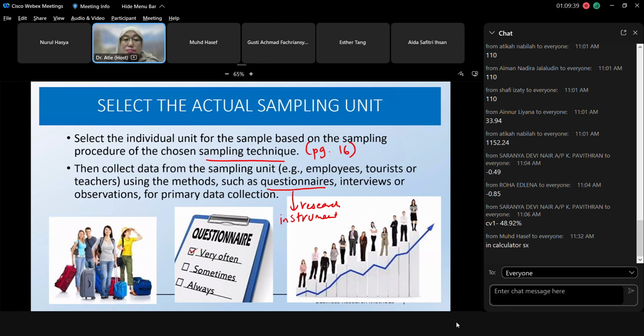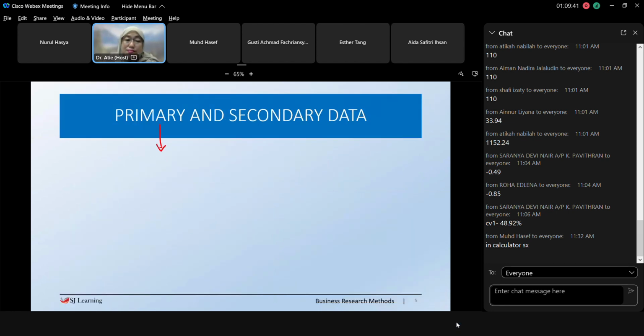What does it mean by primary data collection? Primary data collection is when you are the one who collects the data yourself, with your own eyes and your own effort. But secondary data is when you use somebody else's data. For example, you get the data from a website or from a company's annual report, and so on.